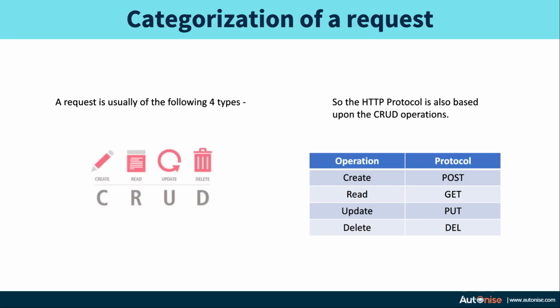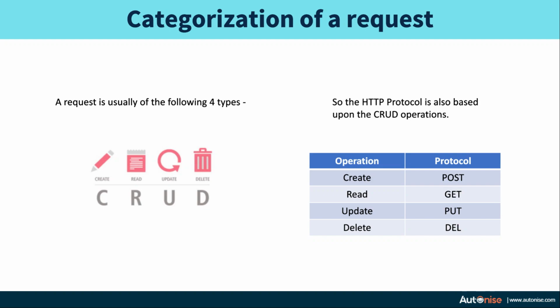The requests the client sends can be categorized, on a very broad level, into four main categories: they want to create a new data entry, read a data entry, update an existing data entry, or delete an entry.